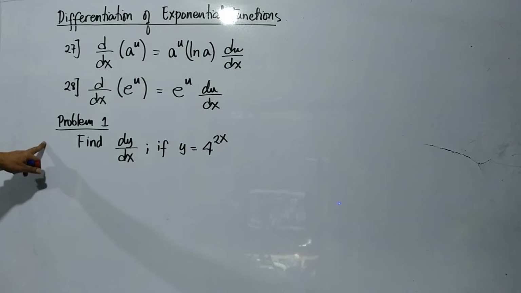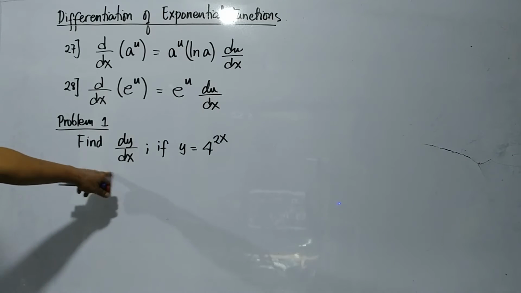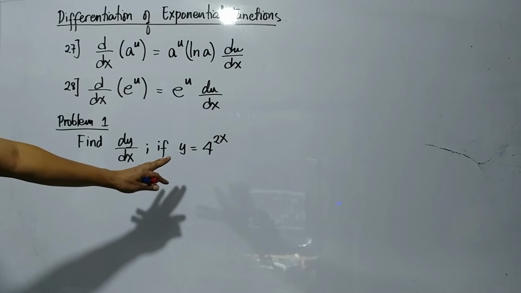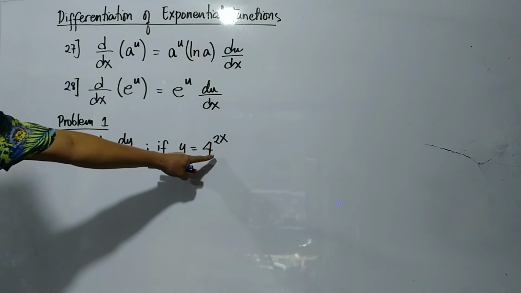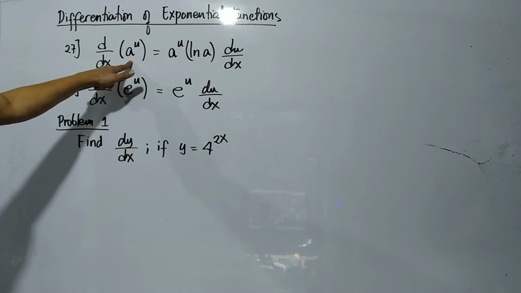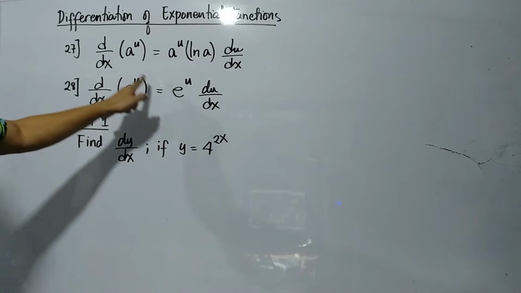So for our problem number 1, we have find dy dx if y is equal to 4 to the 2x. As you notice, this one is similar to a to the u. So your a now is a constant.